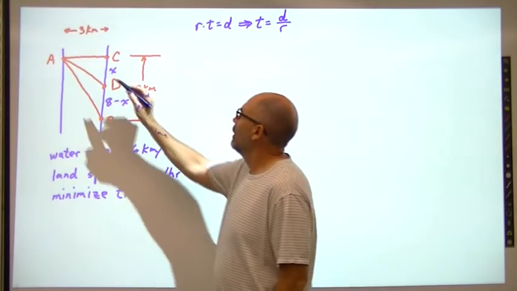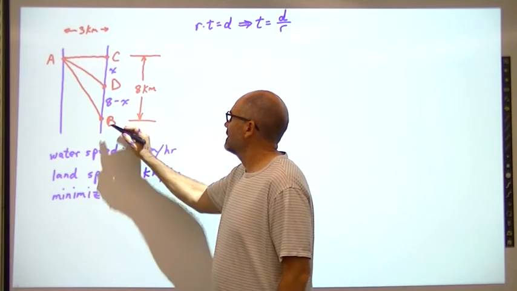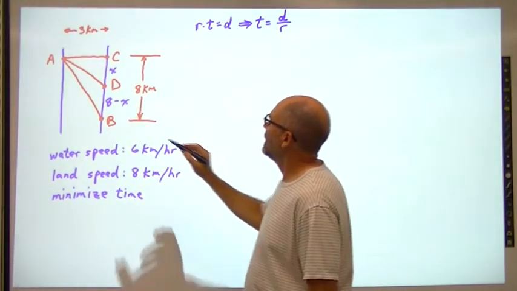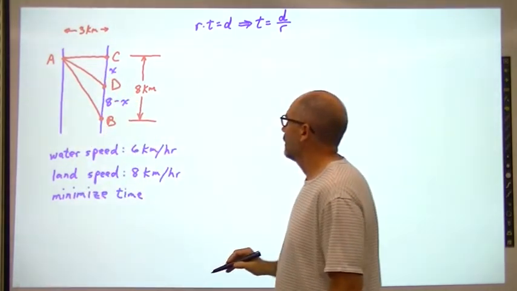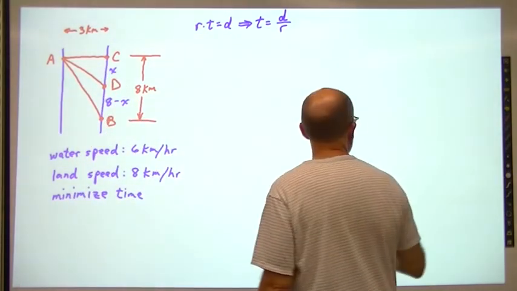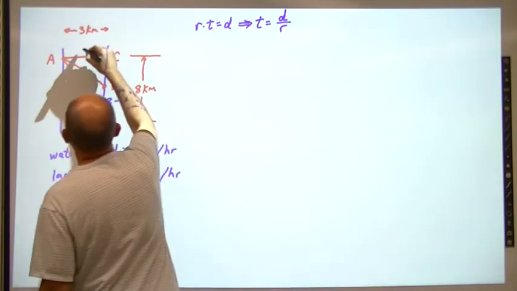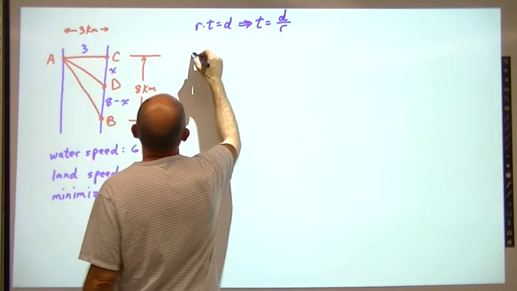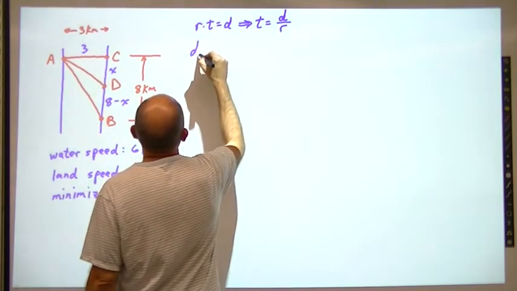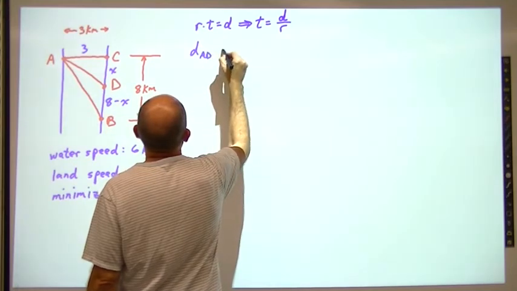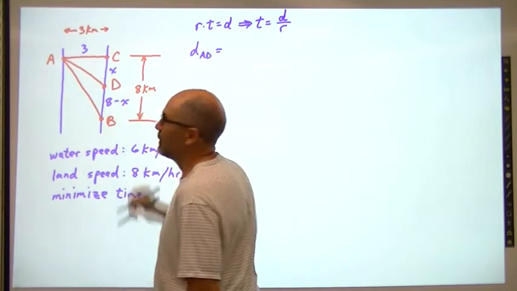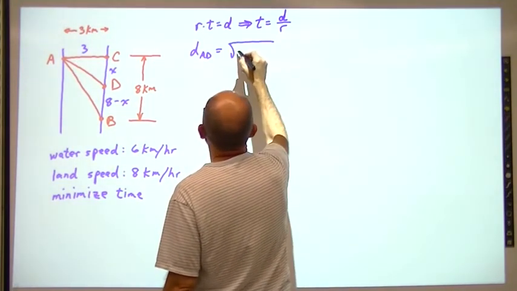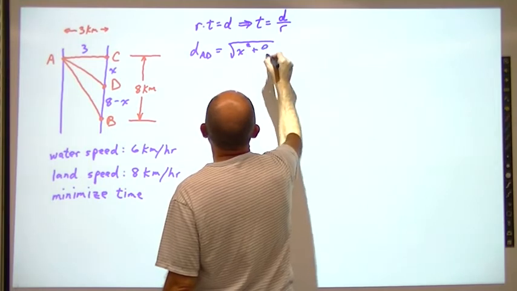if we go from A to D to B, then what is the distance from A to D? Well, notice this is 3 kilometers across here. This is x, and so the distance from A to D is going to be the hypotenuse of that triangle. So that's going to be the square root of x squared plus 9.